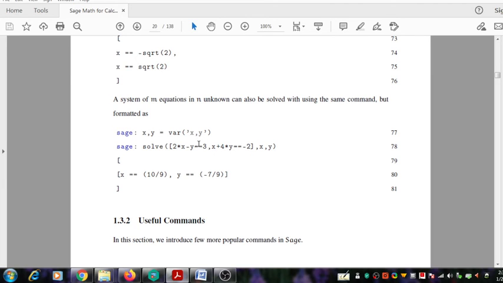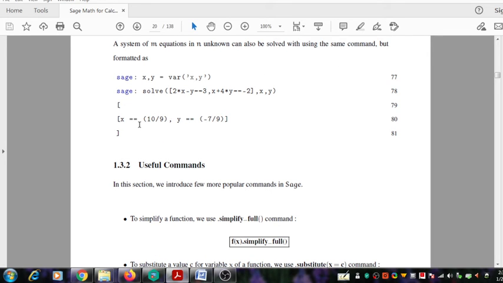We write the first expression in square brackets, separated by a comma, the second expression, and then separated by a comma the two variables x, y. Remember the syntax, it's very important. You should not make any mistake while typing the symbols, especially the brackets and commas. When it is executed, you get the solution x equal to 10 by 9 and y equal to minus 7 by 9.